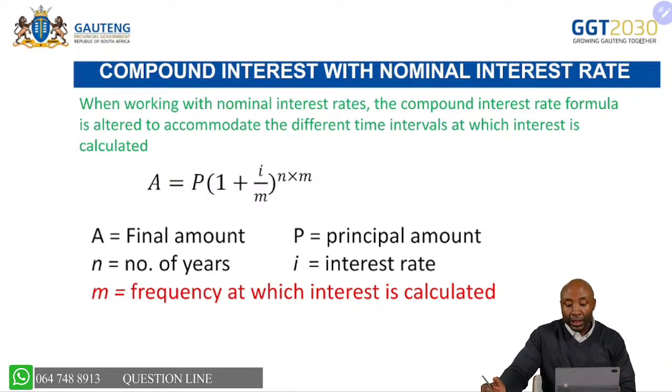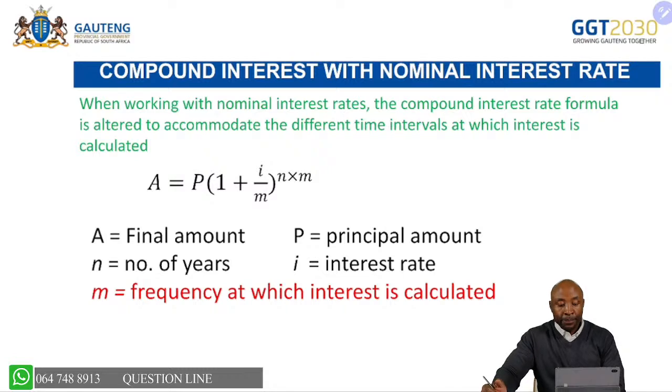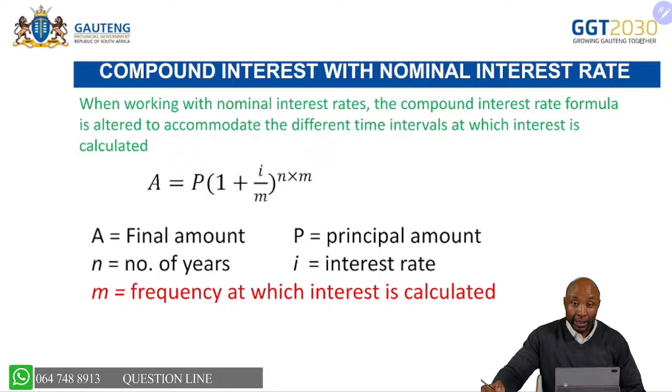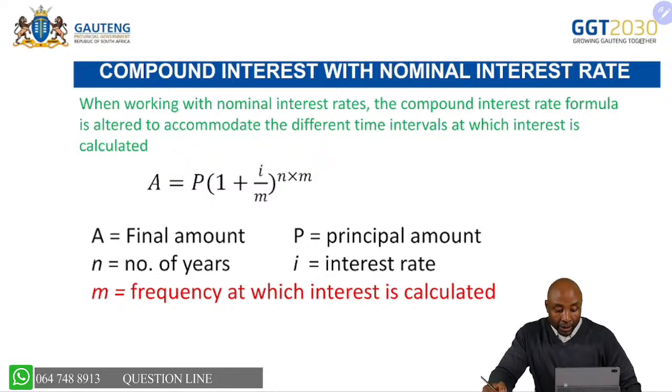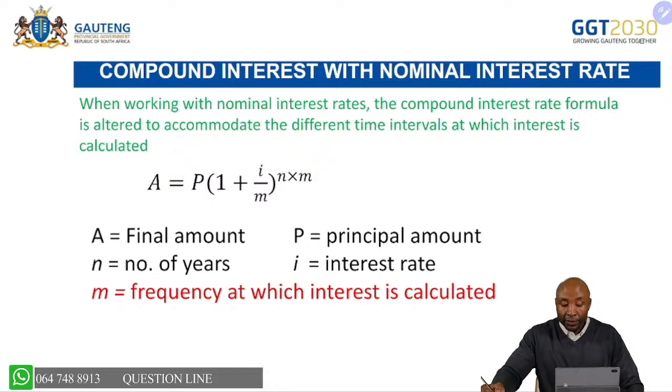Now, you will know that our A is the final amount. It hasn't changed. Our P is the principal amount. N is the number of years there. And our I becomes the interest rate. And M becomes the frequency at which the interest is calculated. You saw in the previous slide, for monthly compounding, our M will be 12.